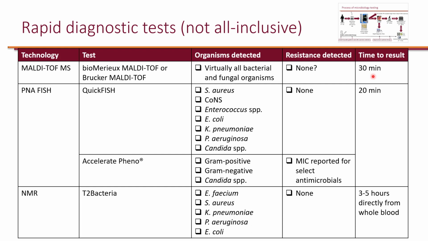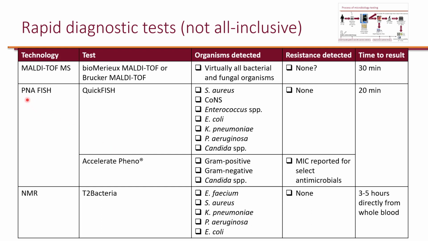Now the downside is that it cannot reliably detect resistance, and there's a question mark here because it's under development. There's a lot of research going on for MALDI-TOF to reliably report susceptibility as well. But currently, in most places, it's only used for detecting the organism, but not resistance.